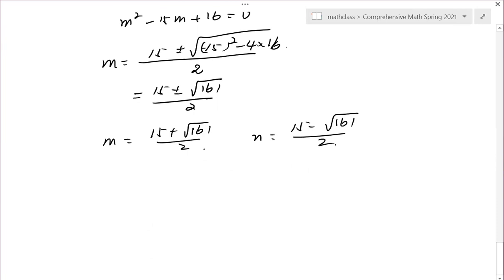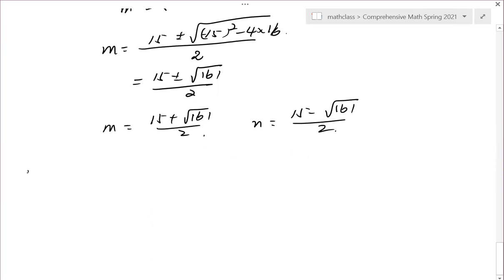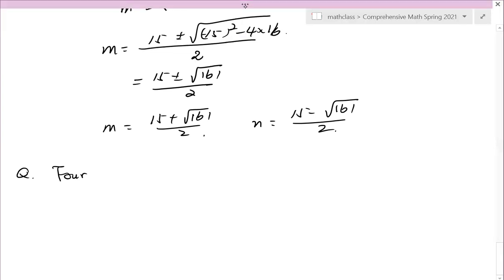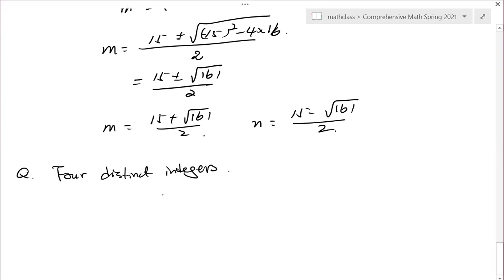Okay. Our next problem is for a particular list of four distinct integers. Not 4 digits. Distinct means they're all different; they cannot be the same. Four distinct integers.